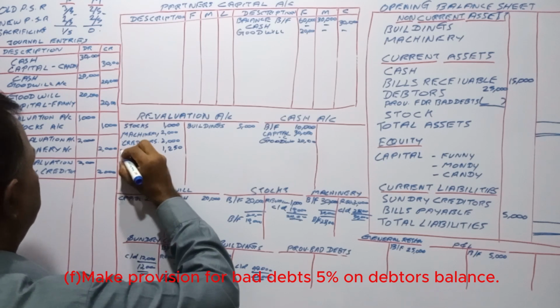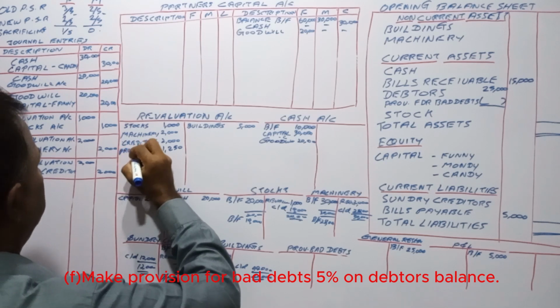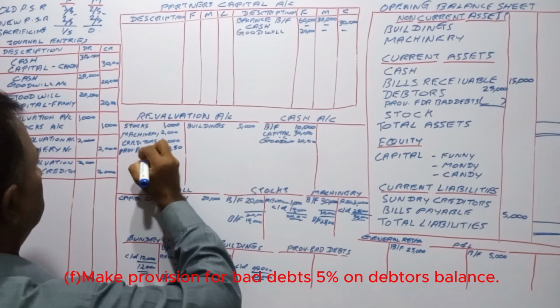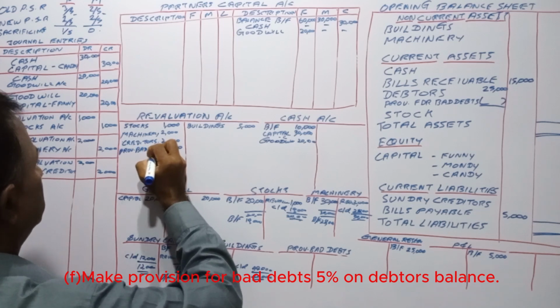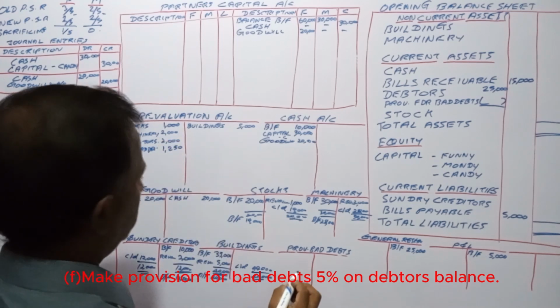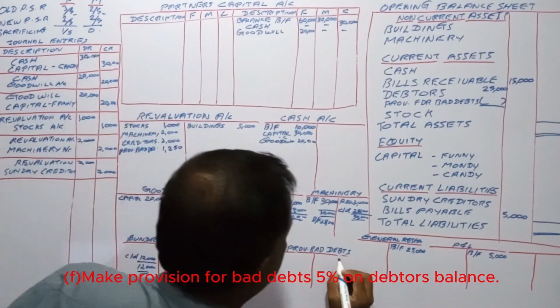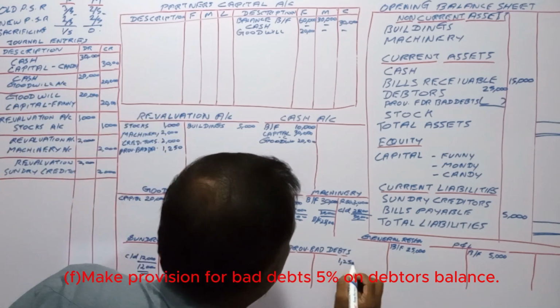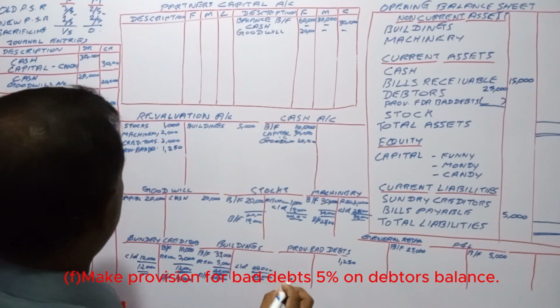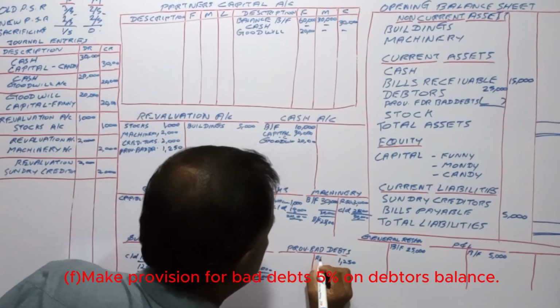Saying provision for bad debts credit 1,250, right?